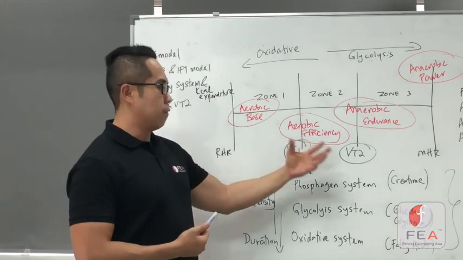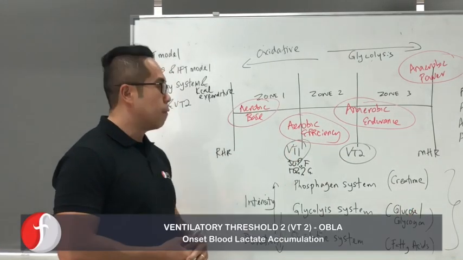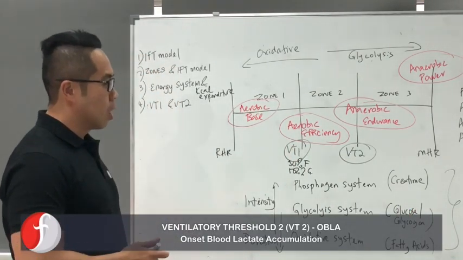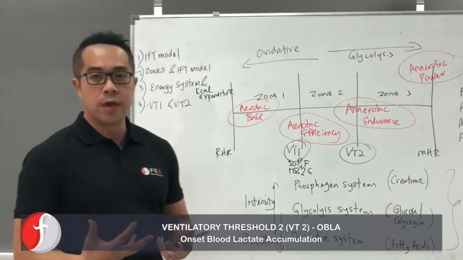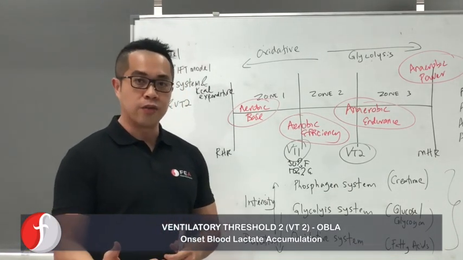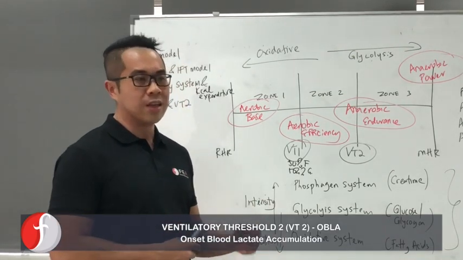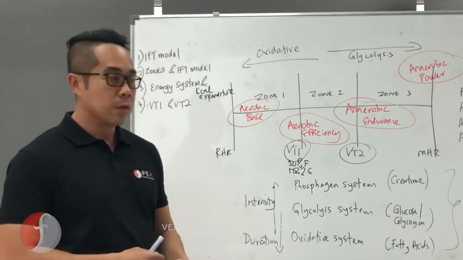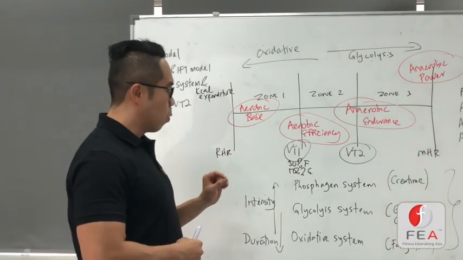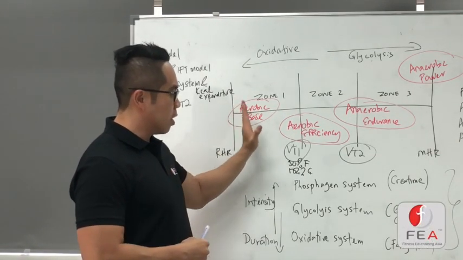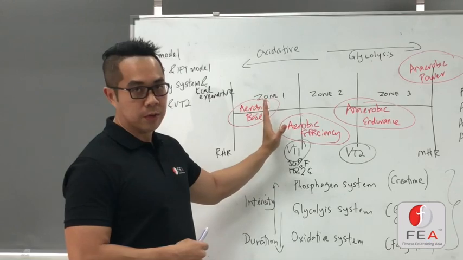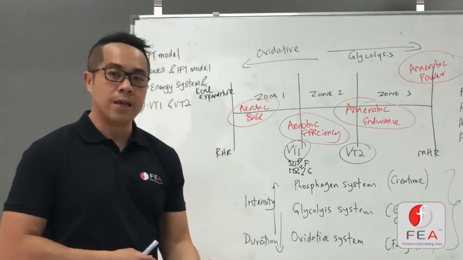Let's look at what VT2 means. VT2 is what we call the OBLA, onset blood lactate accumulation. Before we look deeper into VT2, let's understand when lactate rises. When exercise intensity gradually increases, we tend to make more ATP.